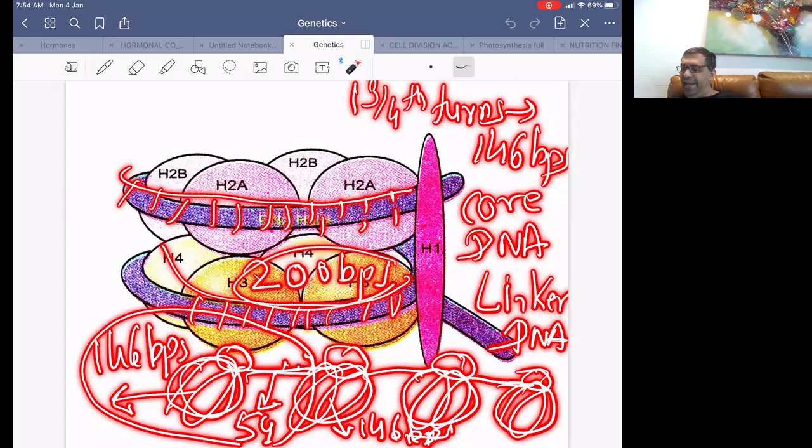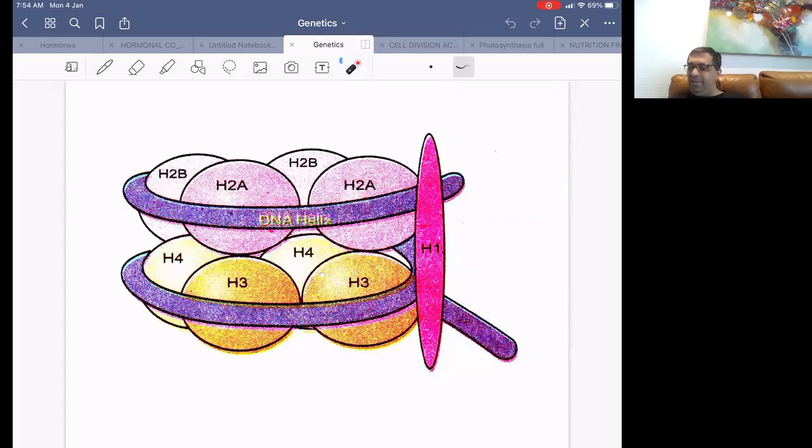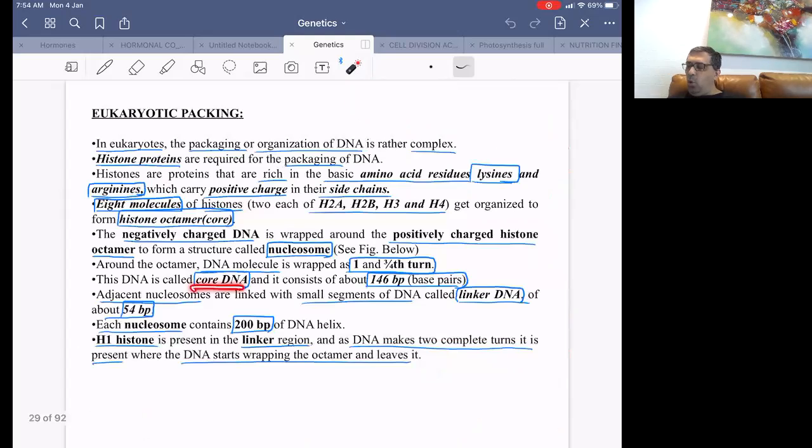So एक बीड के ऊपर कितने हैं? 146 base pairs, which is core DNA, and string, which is called linker DNA, has in it 54 base pairs. So a total of 200 base pairs are present. तो एक core DNA में 146 base pairs and linker DNA has 54 base pair. So the nucleosome has a total of 200 base pair.